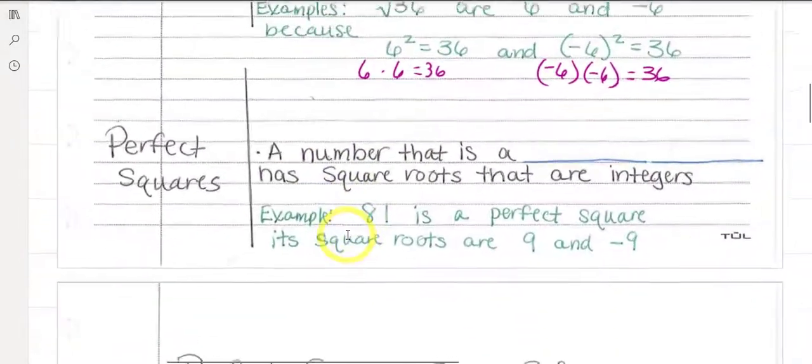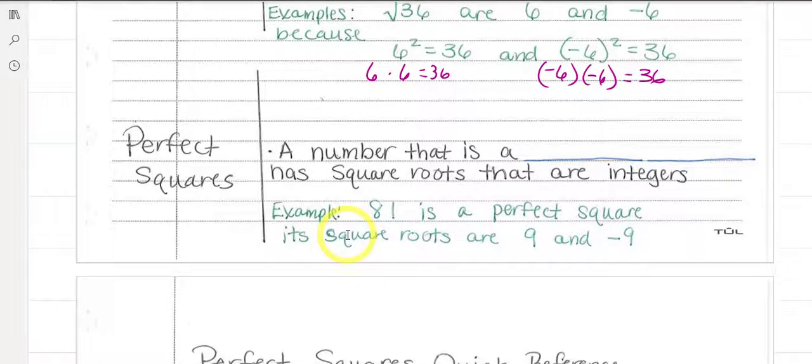Okay, so now this is going to take us into a discussion about perfect squares. So a perfect square is going to come from integers that are multiplied, or whole numbers. So we're talking about the counting numbers and their opposites, okay?